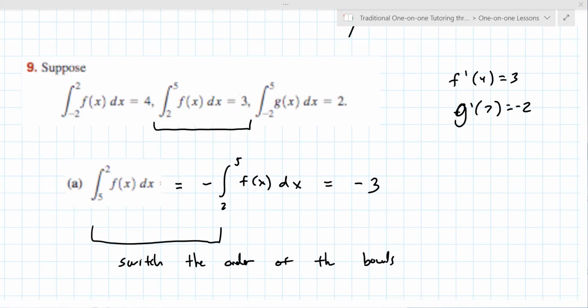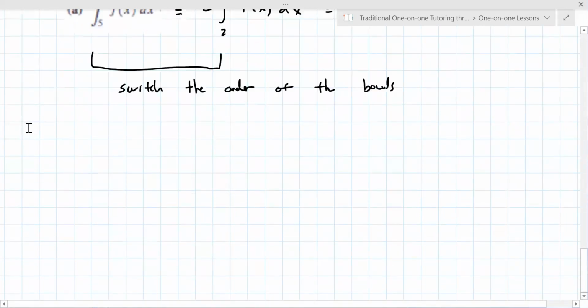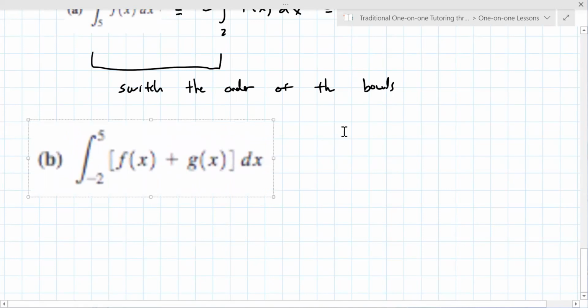There are about 5 properties of these. Some of them we've already covered in the previous problem. So this one here, you've got f of x, you've got g of x. We already looked at this. It's like applying the distributive property in some ways.